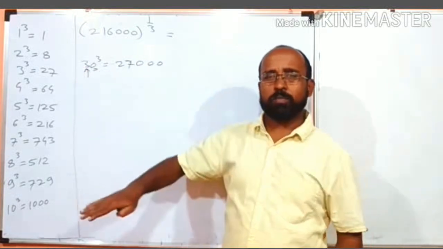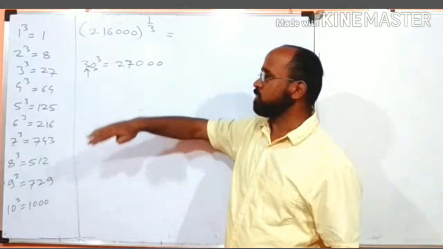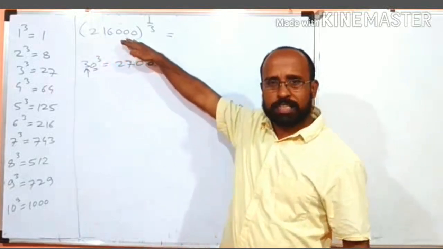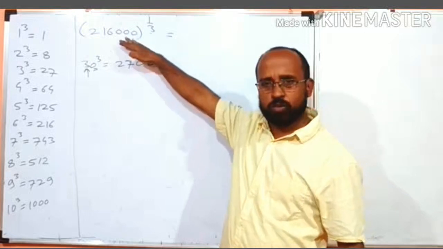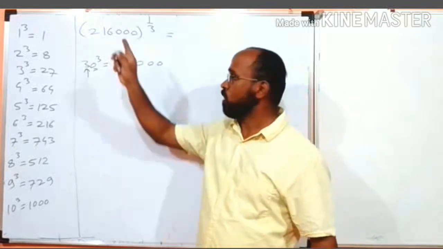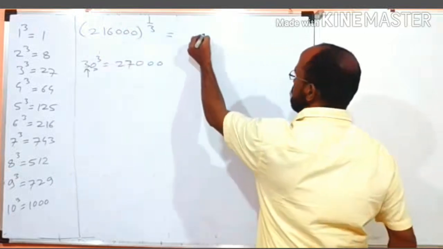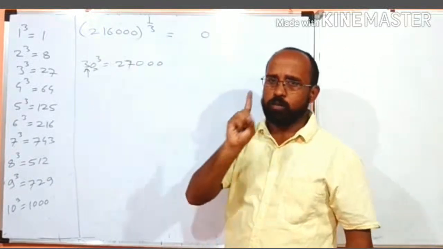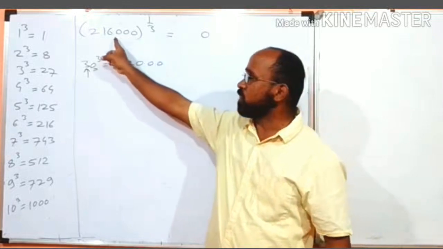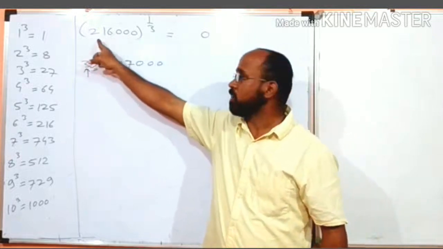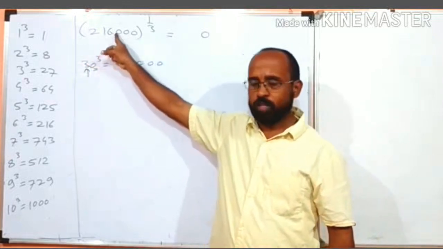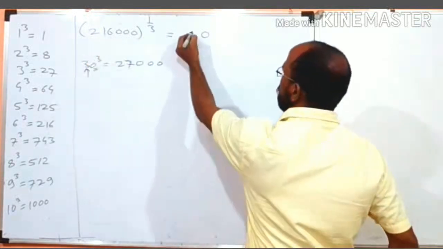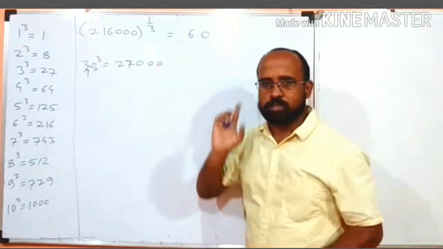Right? So the same thing is going to be reversed in the case of finding the cube root. I have to find the cube root of 216 ending with 000. So these zeros will get 1/3. So at the end of the answer there will be 1 zero instead of 3 zeros, since 1/3 of 3 is 1. And we just have to find the cube root of the remaining number. The number is 216. So what is the cube root of 216? That is 6. So our answer is 60.